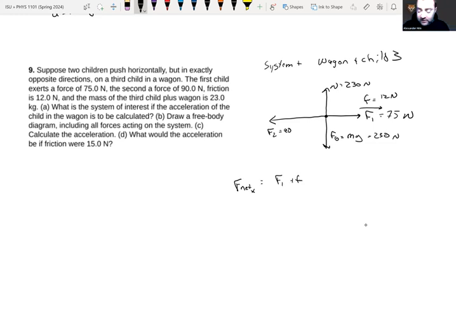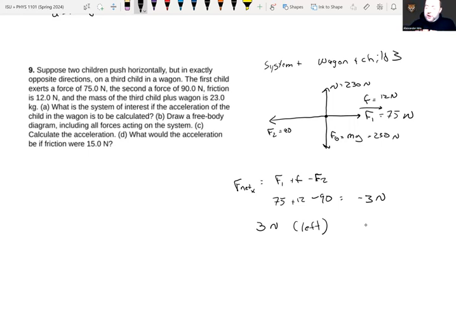Friction is also positive. And then minus F2, that's to the left. So we have 75 plus 12 minus 90, because that's to the left. And when you add all those up, that will give you negative 3 newtons. Basically, what this means is 3 newtons left. That's what that negative means.